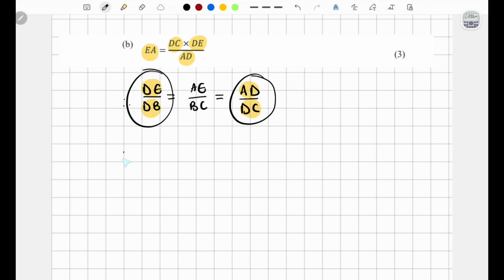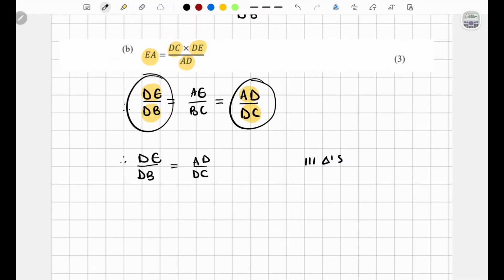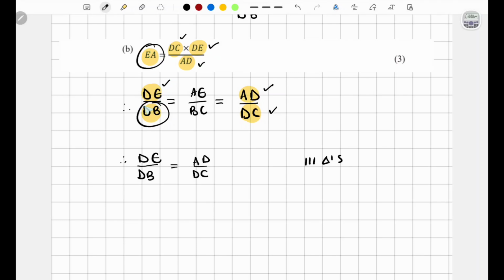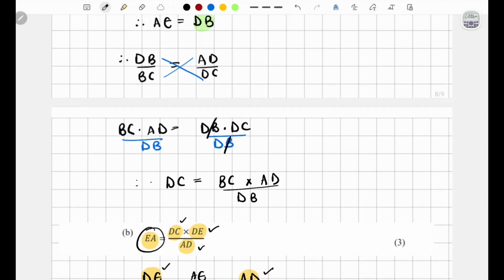So we're just going to tell them that DE over DB is equal to AD over DC, from the similar triangles that you had. To make sure that we have everything, we know that AD and DC are fine, and DE is also okay. We just have to tell them about DE and EA.